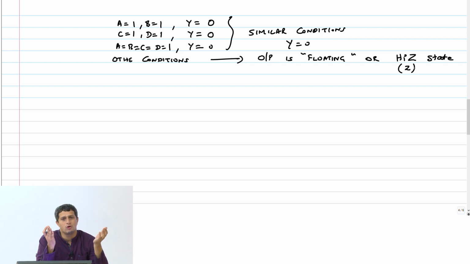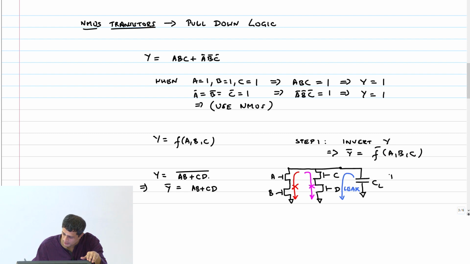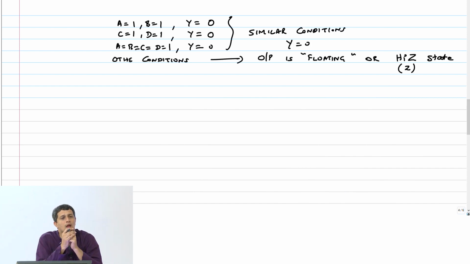So what have we done now? We had a function f of a, b, c, d. We inverted it. We implemented the pull down stack, right? This basically is the pull down network. Now what about the pull-up network?